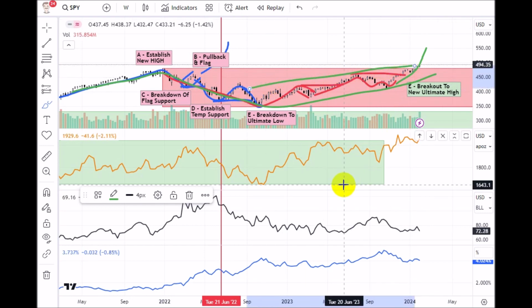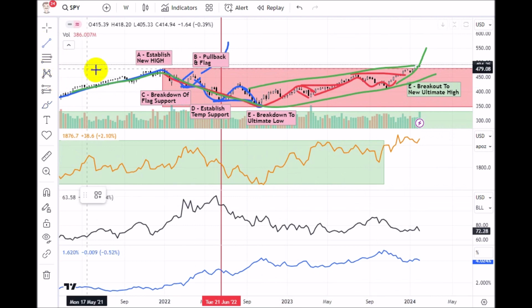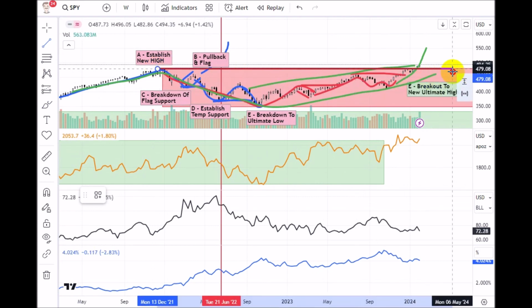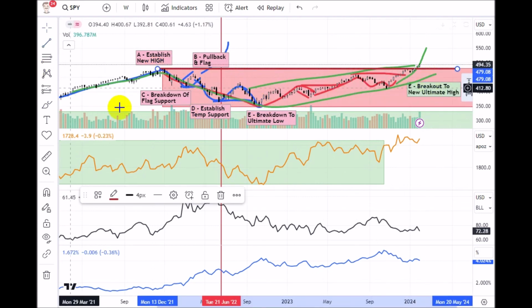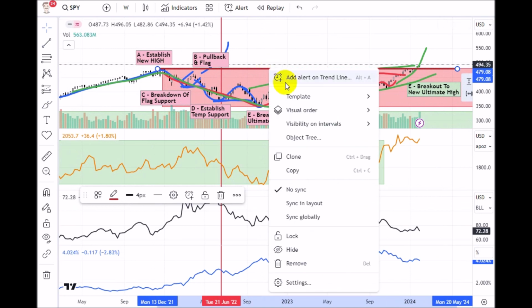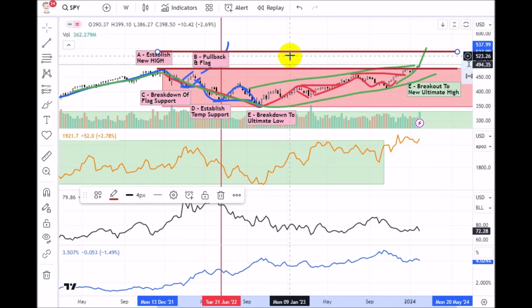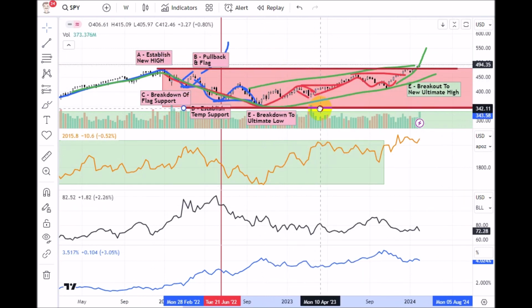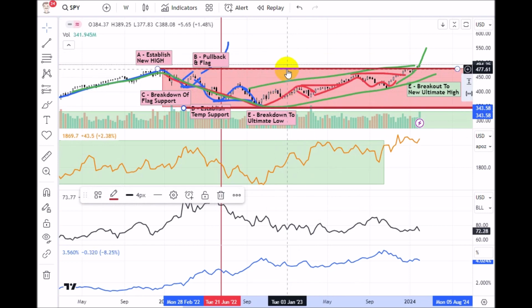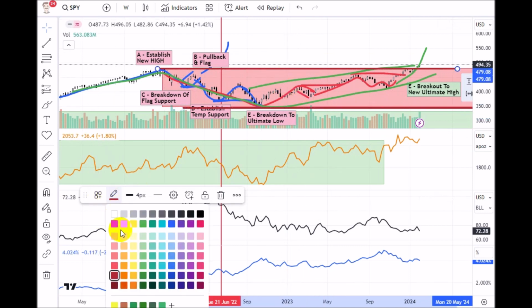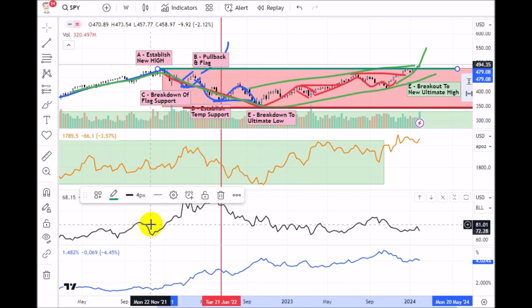Okay, the pullback high, which would be right here, the ultimate high that we came into, and the pullback high, let me duplicate this, would set up our zone. So this becomes our zone for the range of price.